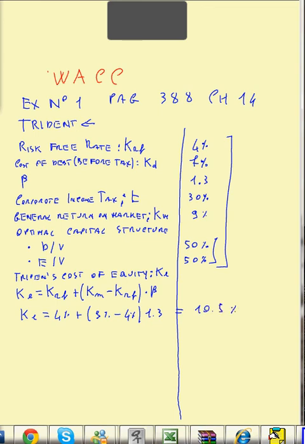Then we have to compute the other component of the WACC, which is the cost of debt after tax.